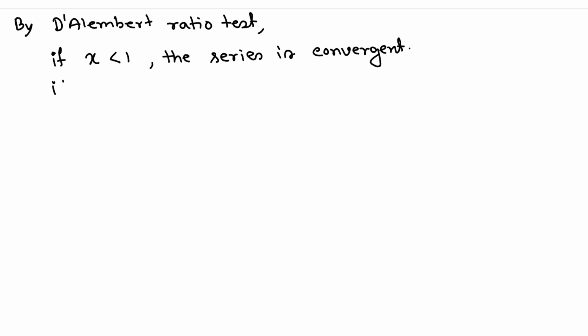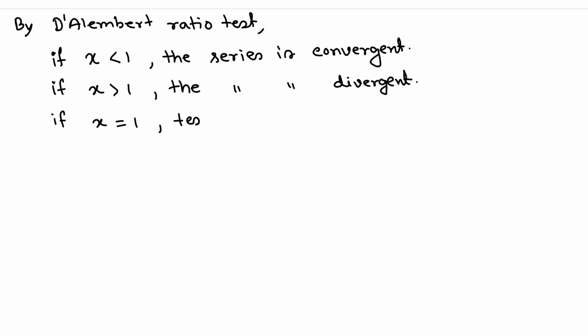If x is greater than 1, the series is divergent. And if x equals 1, the test fails. This is the final answer.